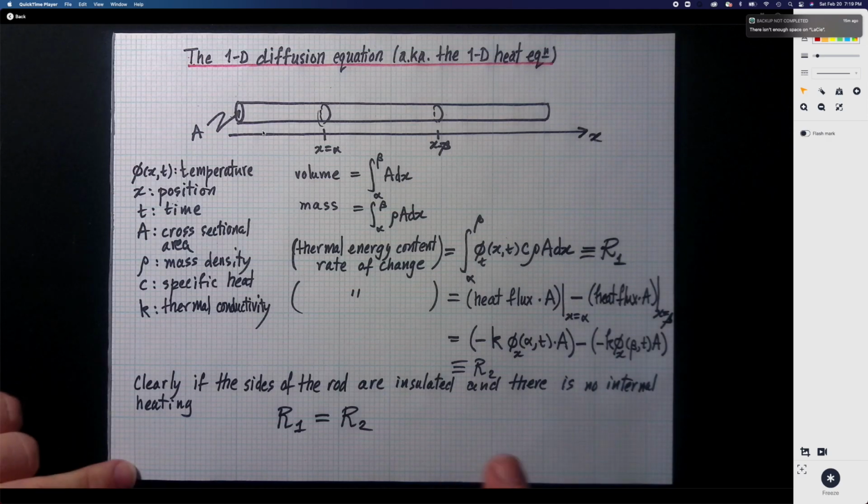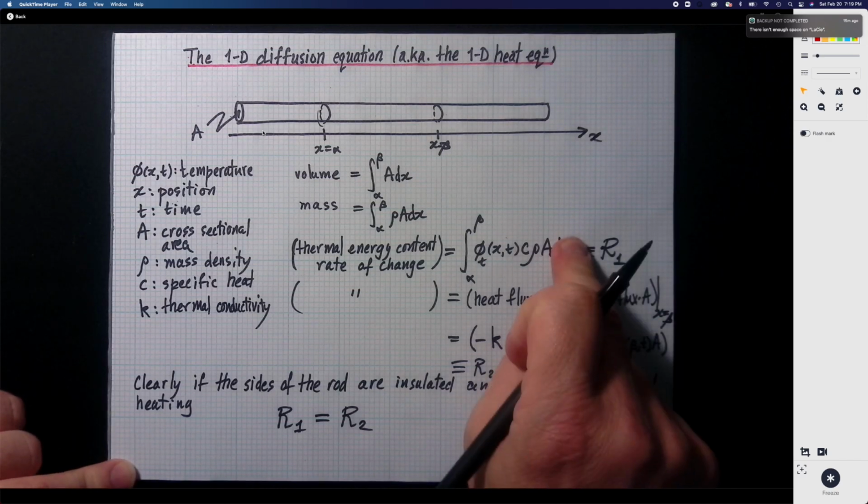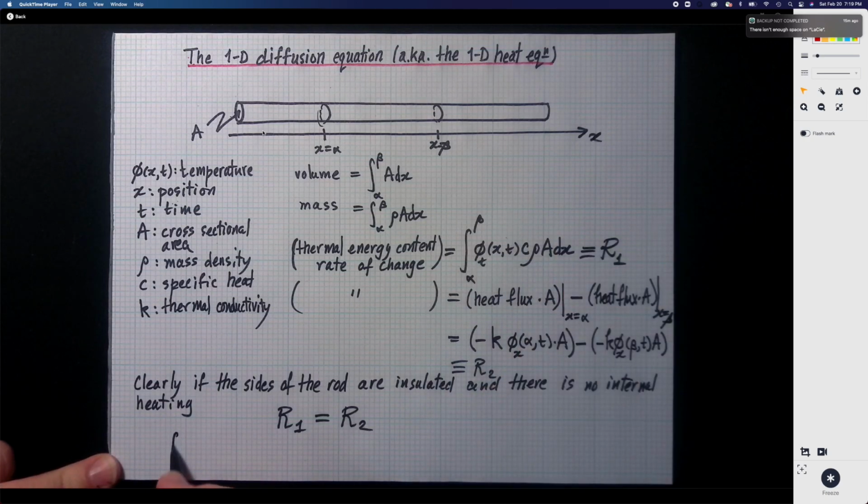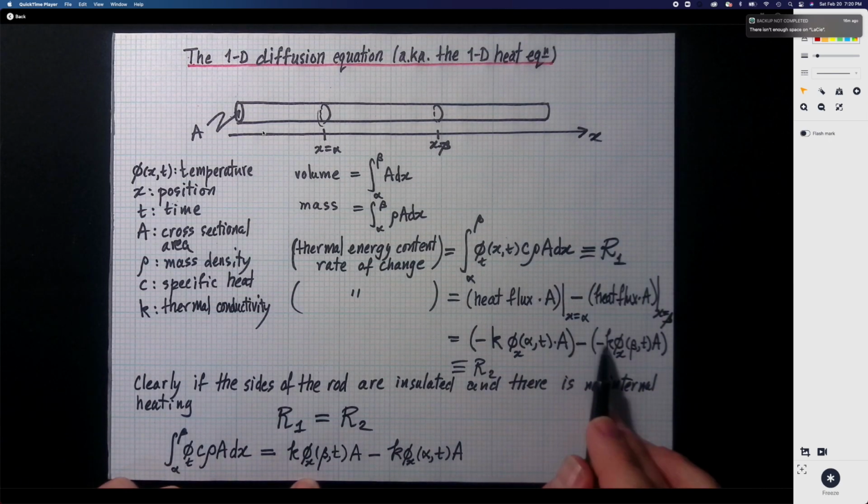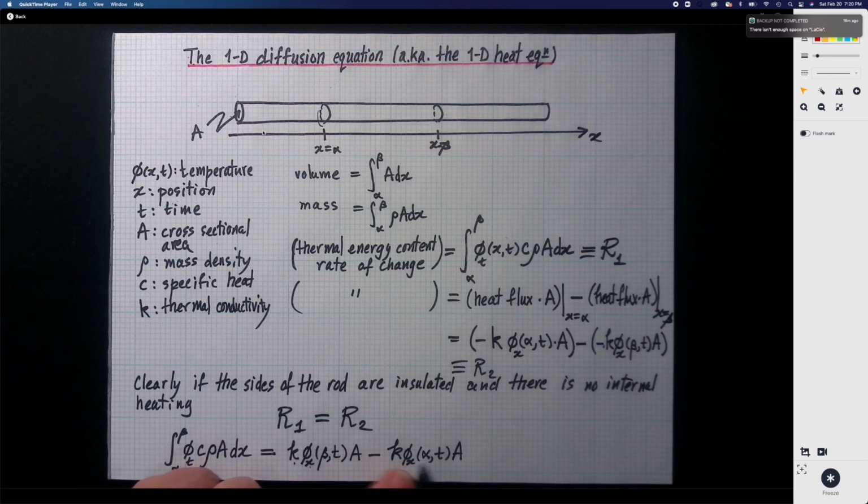And so we can then equate these fluxes to this integral, which means we have the integral from alpha to beta. So the minus and the minus makes a plus, so we have phi x at beta and t times kA, minus phi x at alpha and t multiplied by kA.